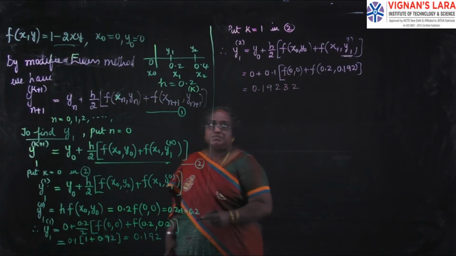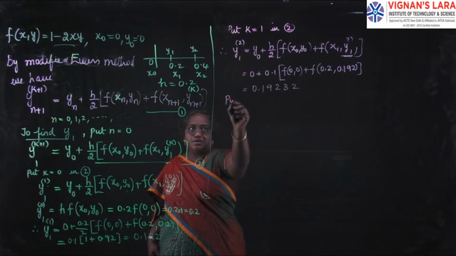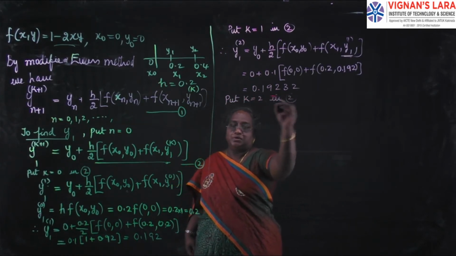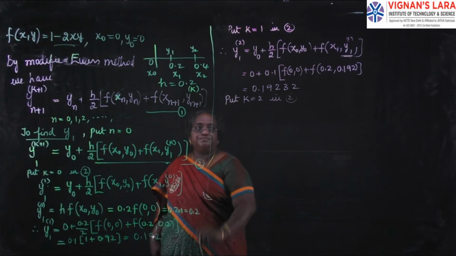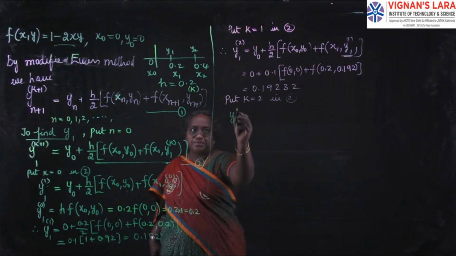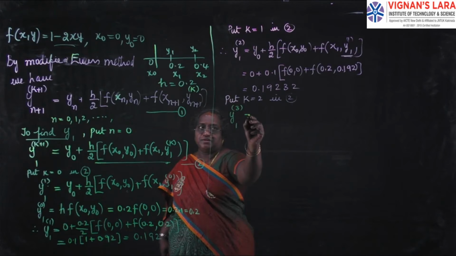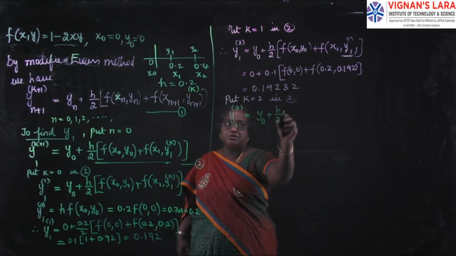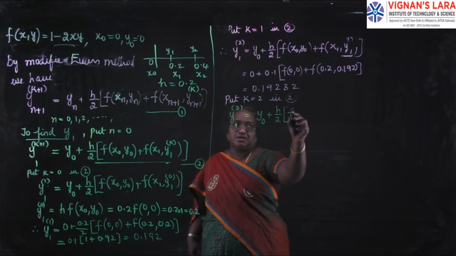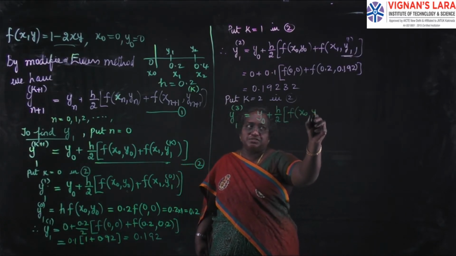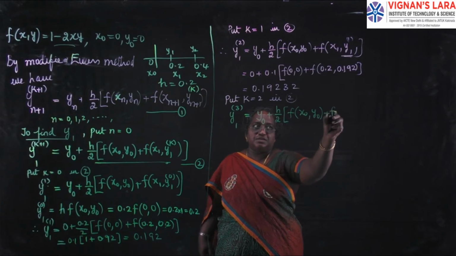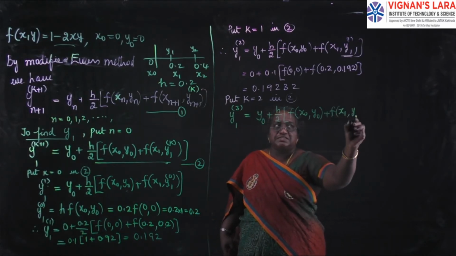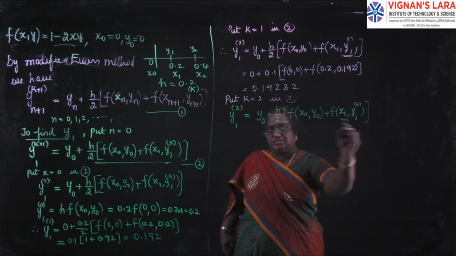So next put k is equal to 2 in 2. So what do we get here? Third approximation of y1 is equal to the same formula, y naught plus h by 2. We are performing the iterations here. x naught y naught plus f of x1, this time the second approximation of y1, just now we calculated.